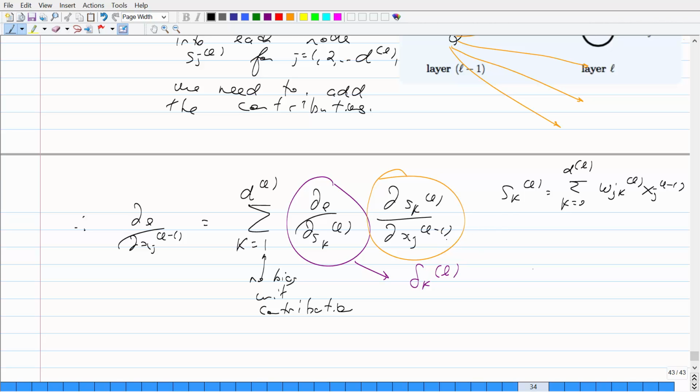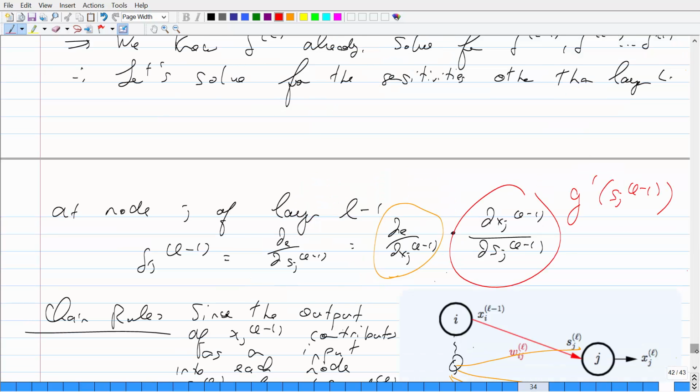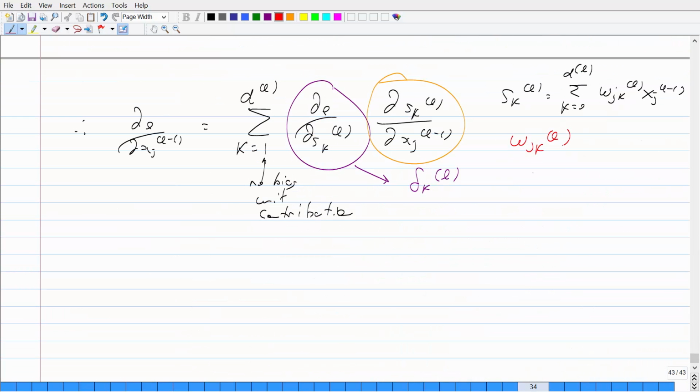Okay, so if I differentiate this with respect to x_j of L, the only thing I'm left with is this. Okay, so that's what I'm left with, because when you differentiate, all you're left with is this. So therefore, this is equal to, let me just write out the actual summation.